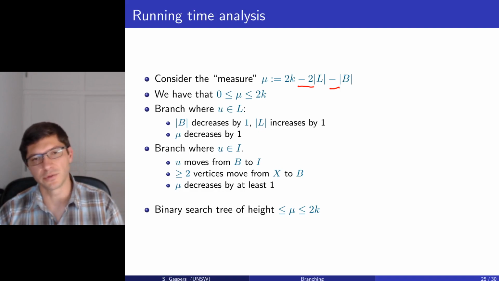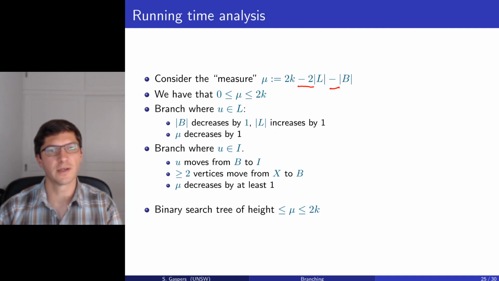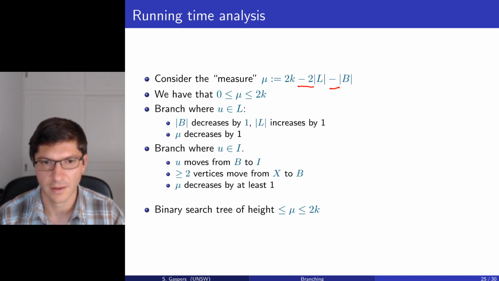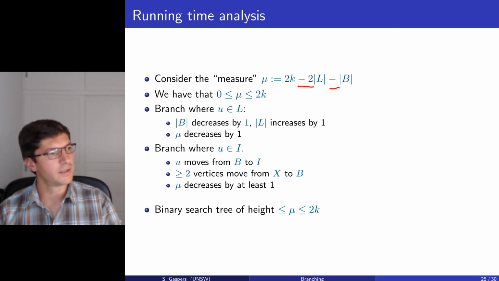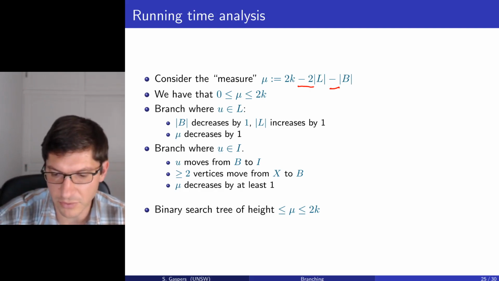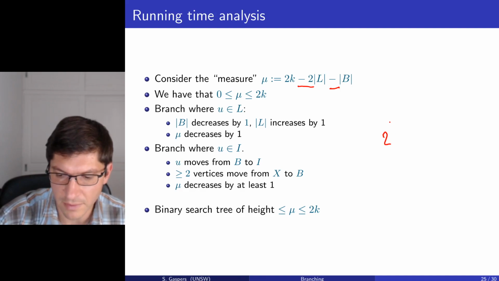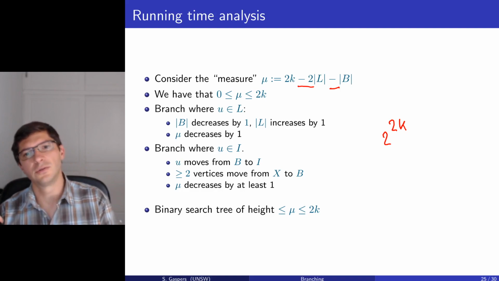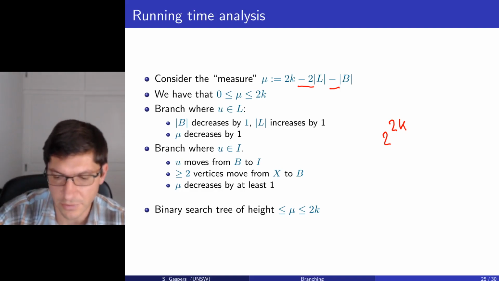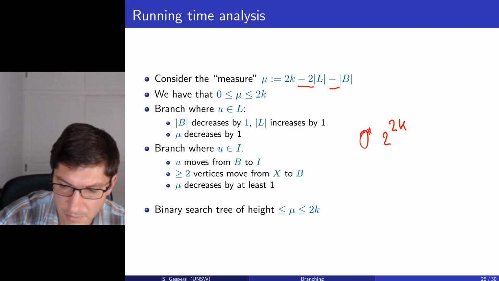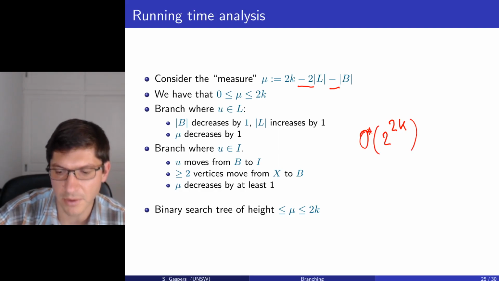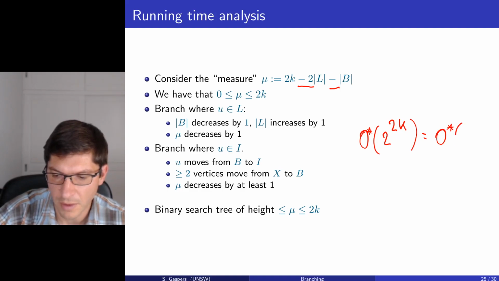And the search tree is binary because in each branching step we make a branching into 2 cases. So I have a binary search tree with height at most 2k, so that gives us then at most 2 to the power 2k leaves in our search tree. So our running time in the end will be O star of 2 to the power 2k. So that's the same as saying O star of 4 to the power k.